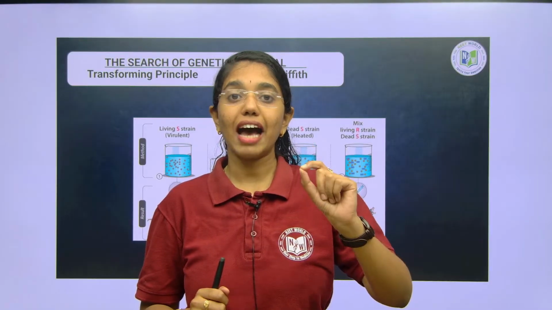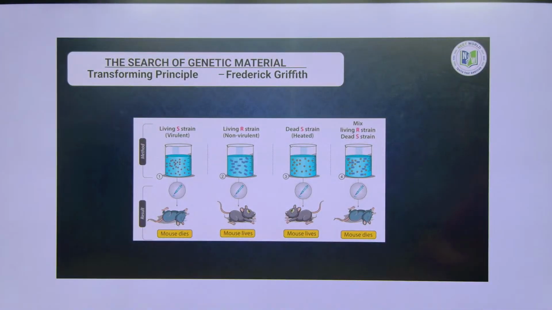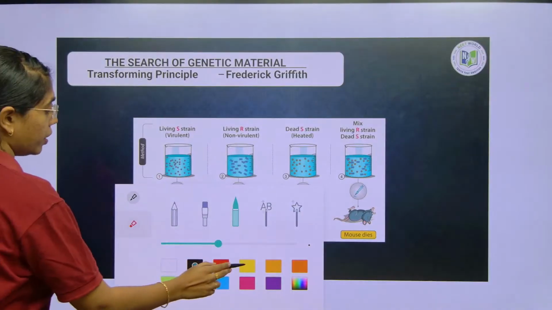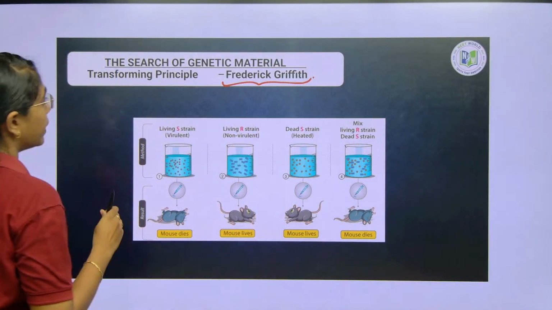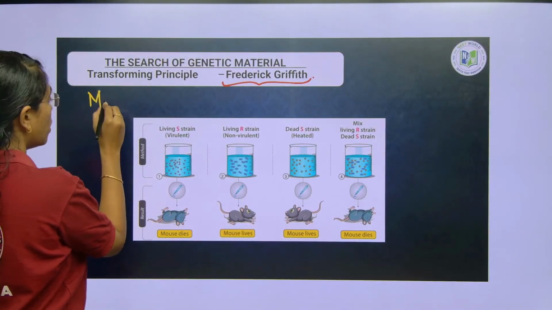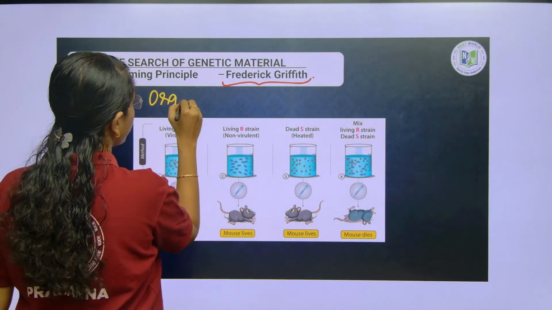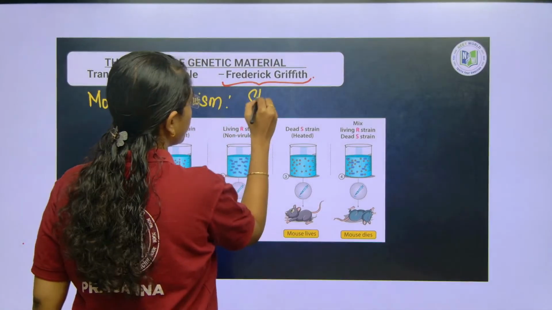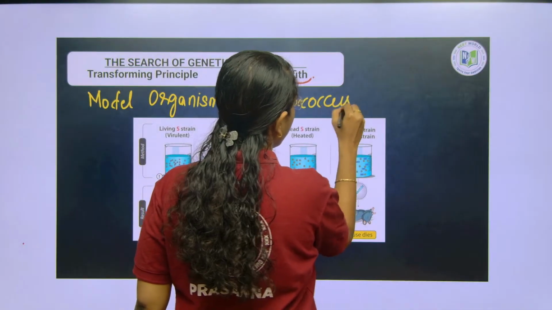The discoveries first started with the transforming principle. This experiment was done by Frederick Griffith. And the model organism chosen for this experiment is Streptococcus pneumoniae.